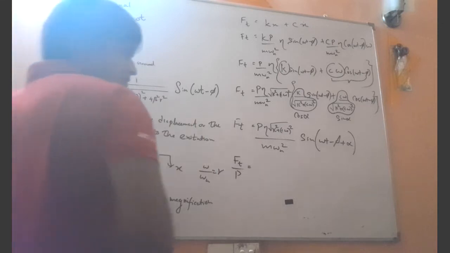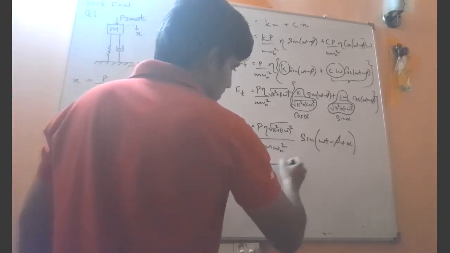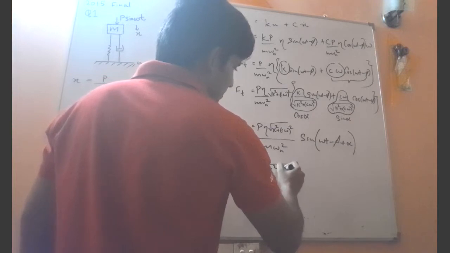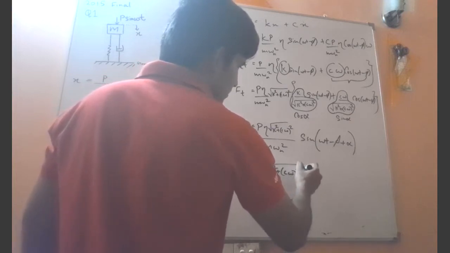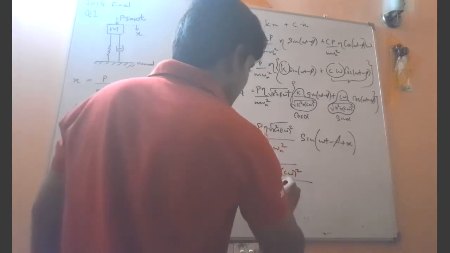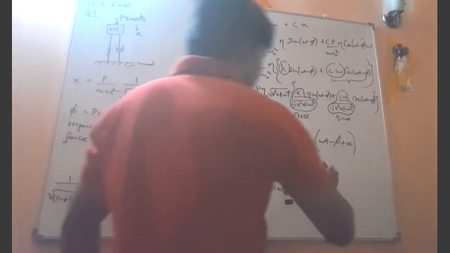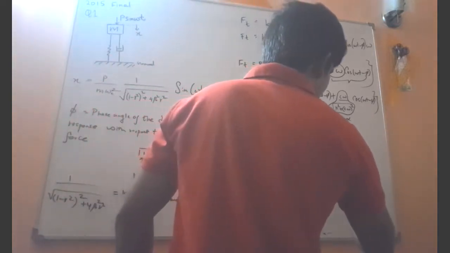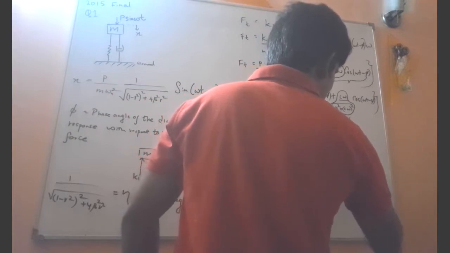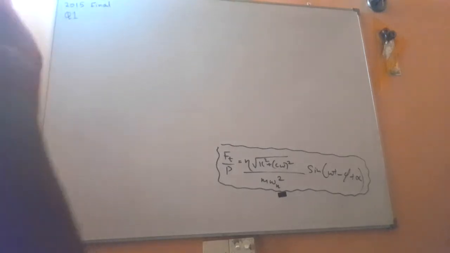Okay, so this side you have neta times square root of k squared plus c omega whole thing squared, divided by m times omega n whole thing squared. This guy is okay, sine omega t minus phi plus alpha, right?